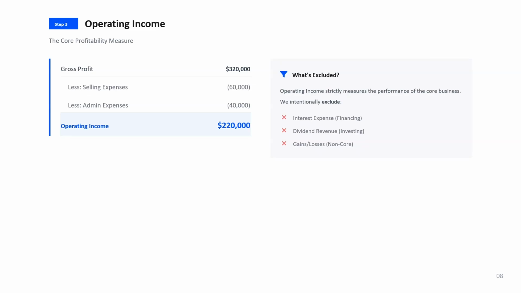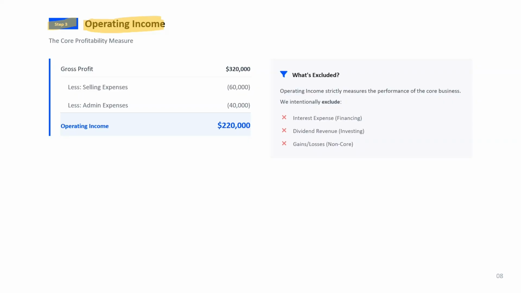Here you can see step 3 brings us the operating income, which is arguably the most important measure of a company's performance. We take the gross profit we calculated and subtract the operating expenses we just identified. This figure shows the profit generated purely from the company's primary business activity.